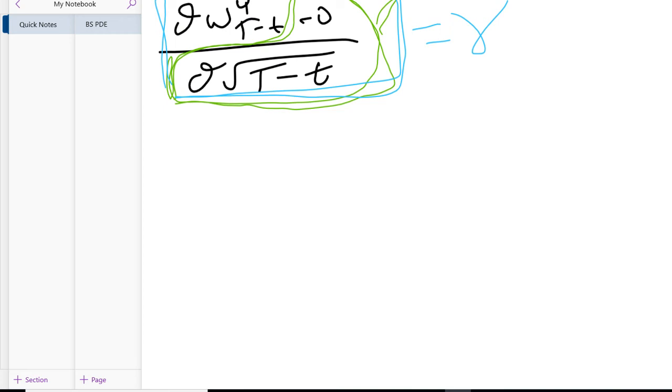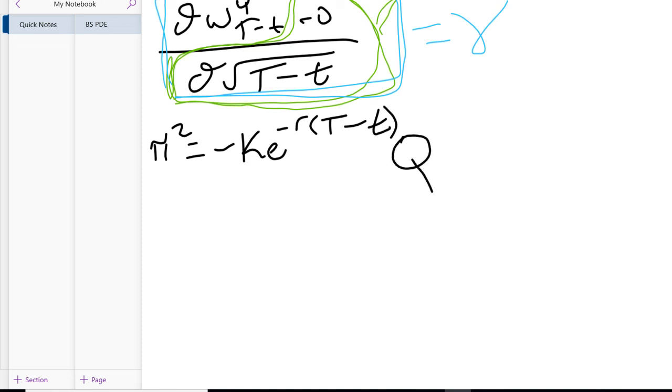So in doing all that, what you will be left with is pi 2 equals negative K e to the negative r (T minus t) times Q, the probability that, again, this normalized standard random variable gamma is less than ln of S over K plus (r minus 1/2 sigma squared)(T minus t), and then divided by sigma root (T minus t).